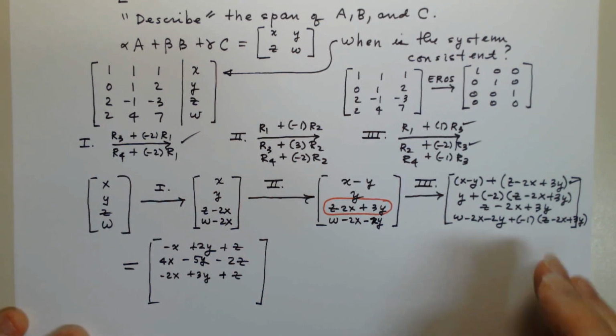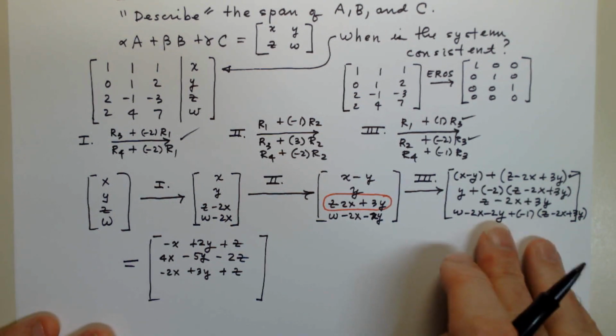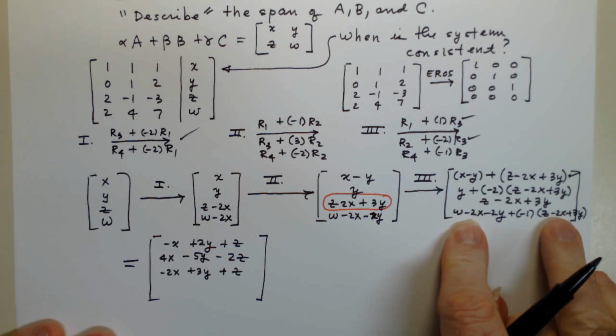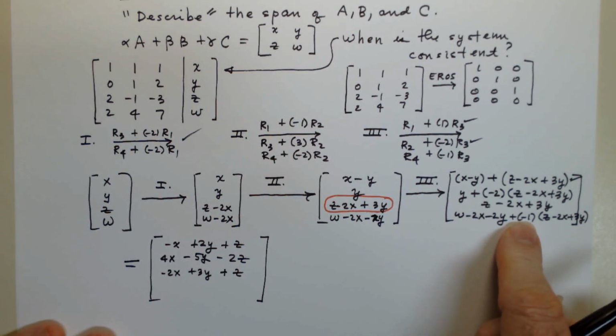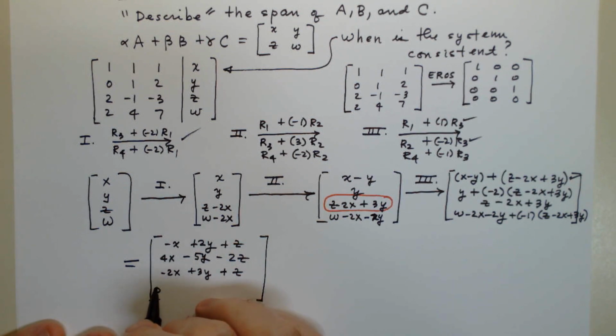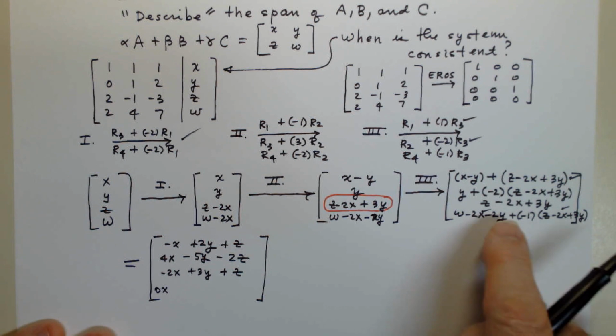And then finally, and this is the one that's actually most important for us, let's get this one right now. How much x do we have? We've got a minus 2x here, but because I'm distributing the negative 1, I'll have a plus 2x here, so there's going to be no x. All right, so the x's are taken care of. Let's look at the y's.